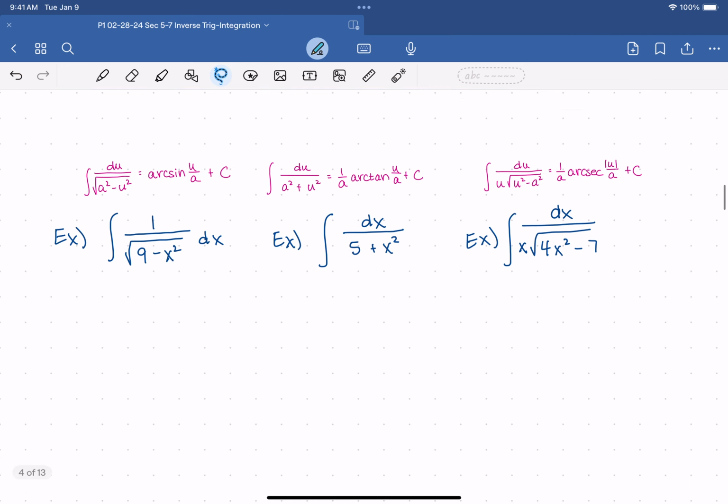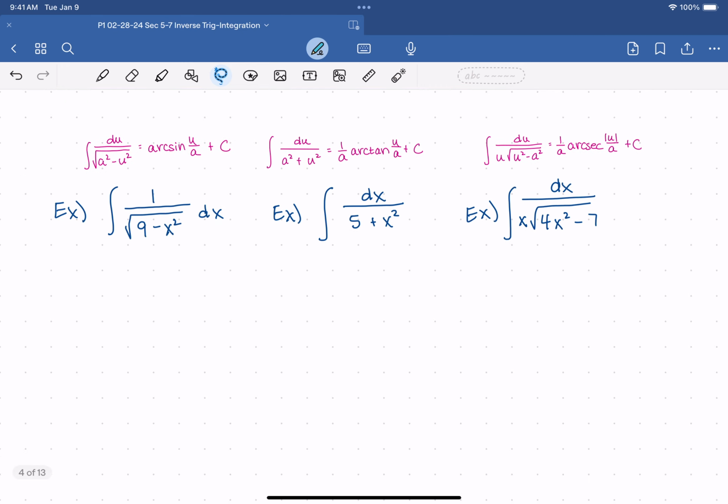Okay, so like I said, these are some quick and dirty ones. They're pretty straightforward. When you are doing these, you're going to want to identify A and U, and then make sure you have du in the numerator.